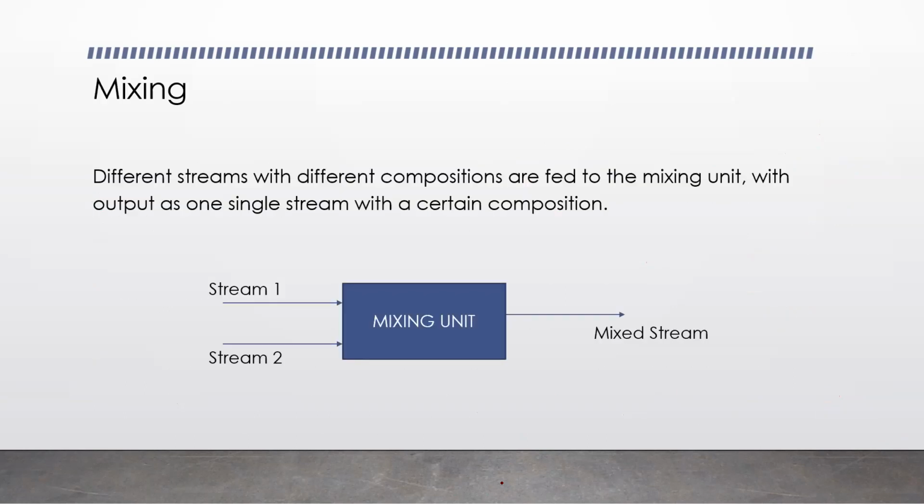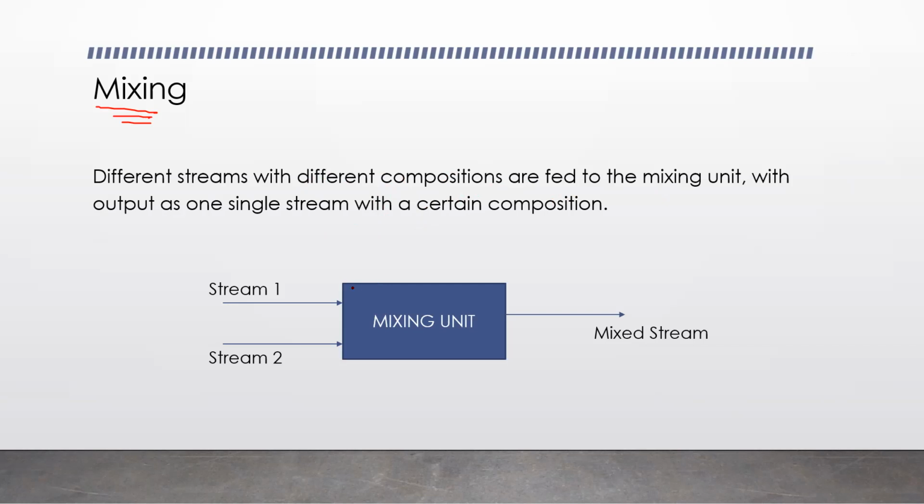So then we come to the first very important unit operation, mixing. In mixing, we have different streams which may have the same or different compositions. They are fed to the mixing unit with the output as a single stream with a certain composition.